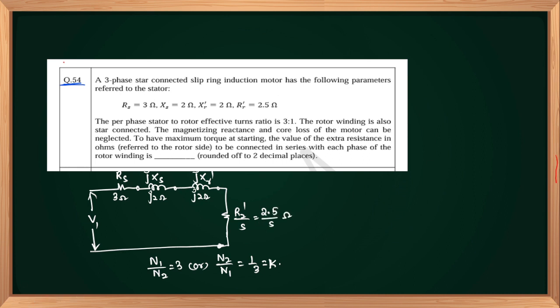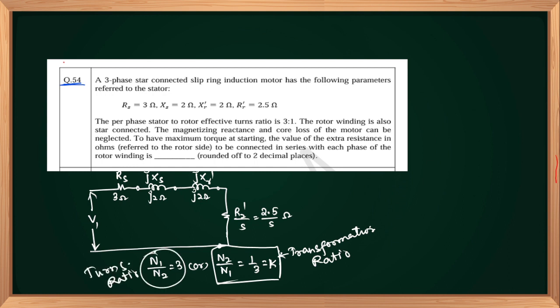Now he's asking, the per phase stator to rotor effective turns ratio is 3:1. So N1 by N2 ratio he has given as 3. I can take N2 by N1 as 1 by 3. This is what I can say transformation ratio, but he has given turns ratio.